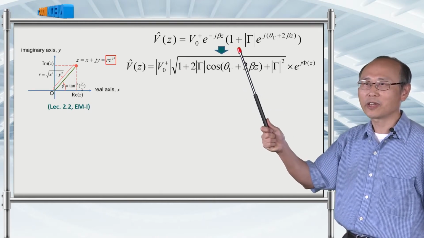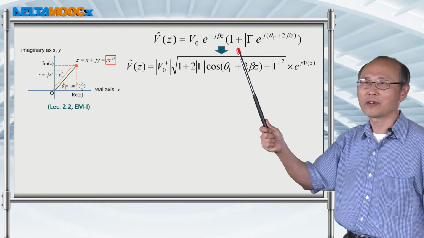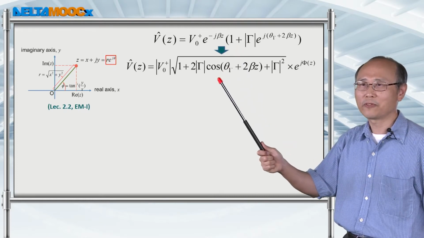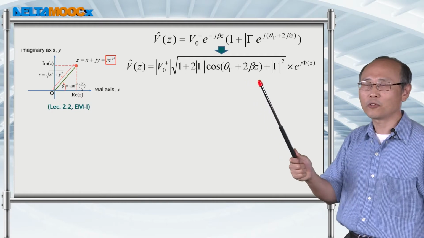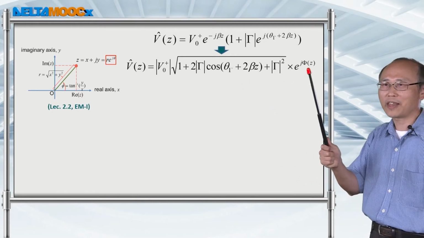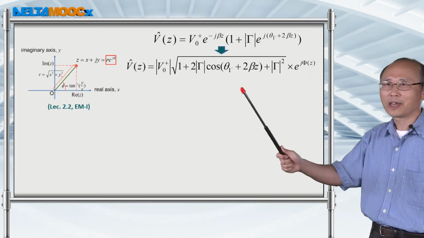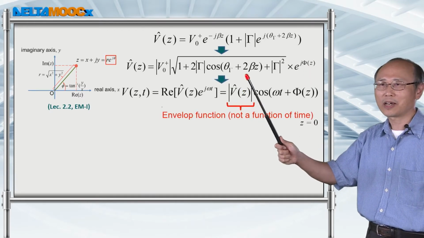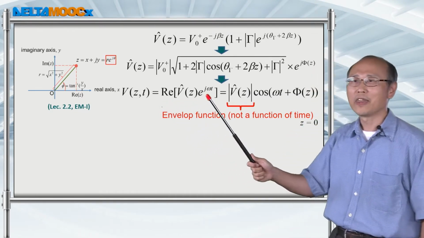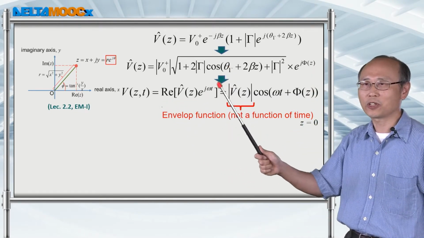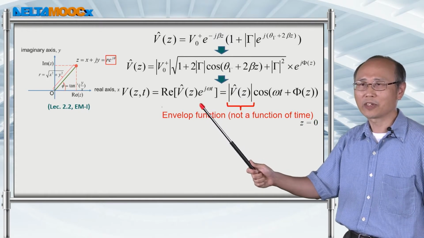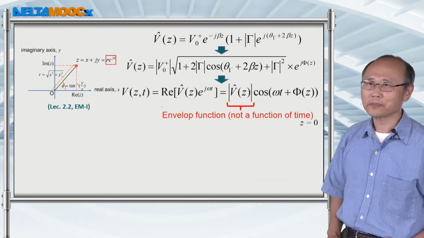You can just take the absolute value of this voltage signal and put it in front of this polar form complex number, and then you generate a phase that is a function of position. If you want to recover the real signal, then you multiply this phasor expression with exponential j omega t, so that you can recover this harmonic signal.